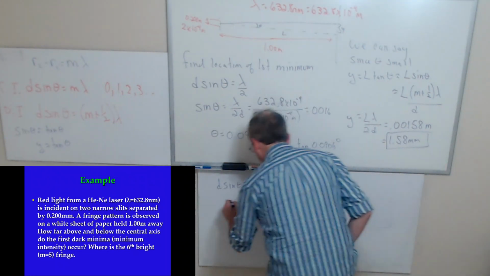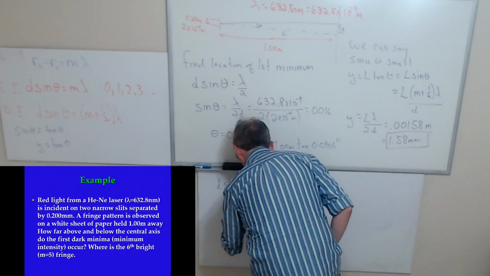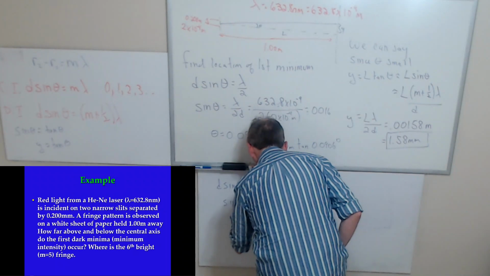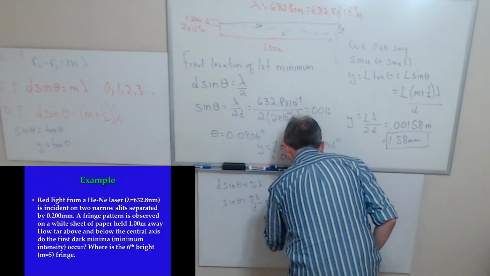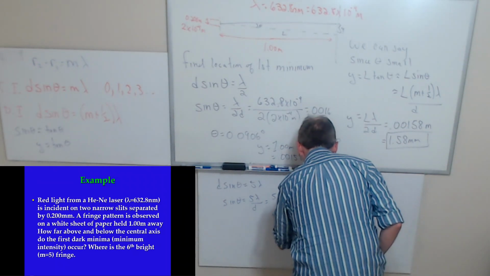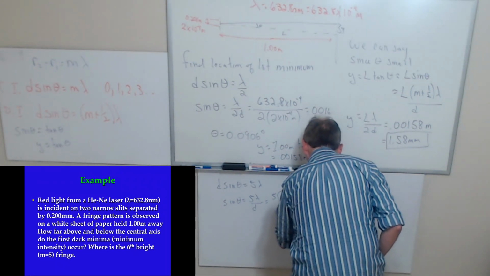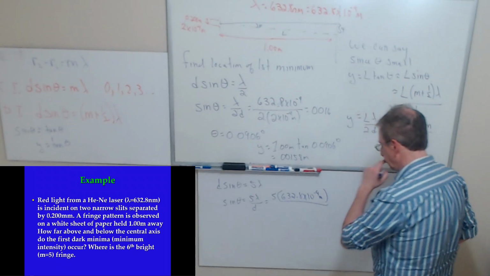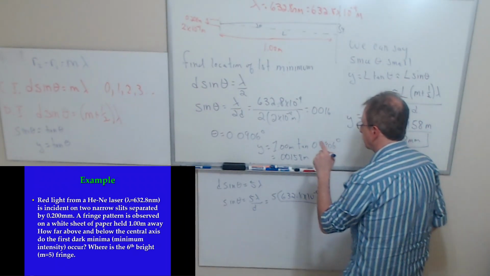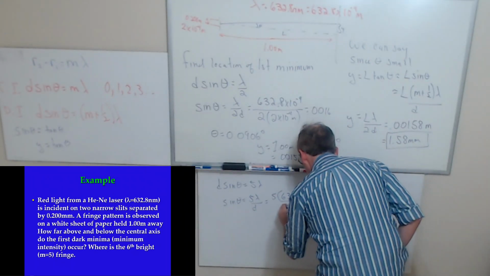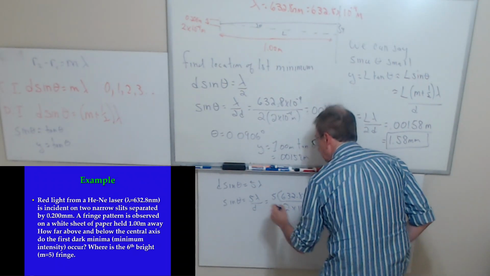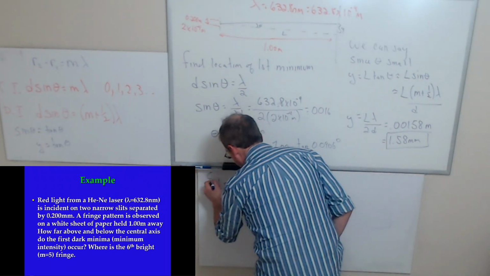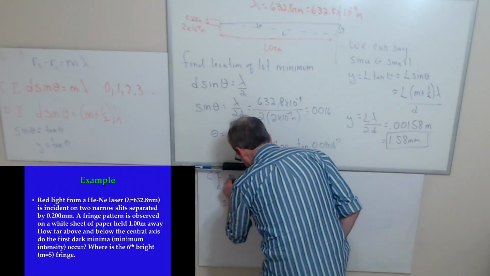And so sine of theta, and d is 2 times 10 to the minus 4. So remember, this is for constructive interference, m equals 5.